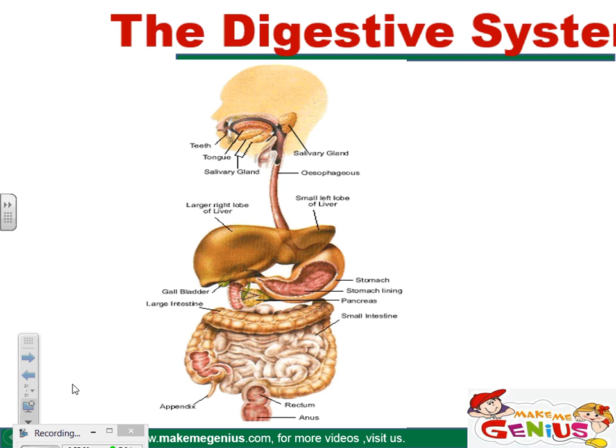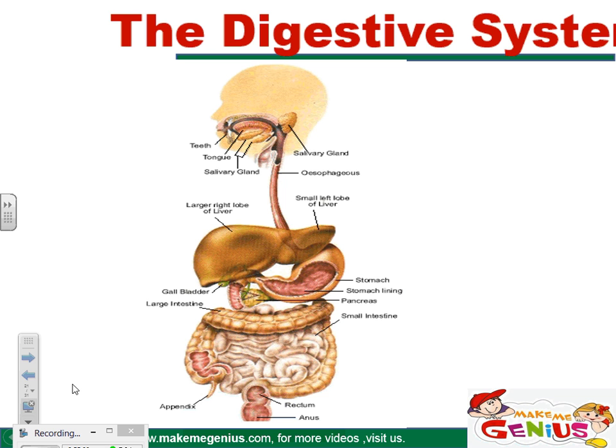Digestive system. This is your digestive system. Listen up. The digestive system involves things that help you to digest your food.